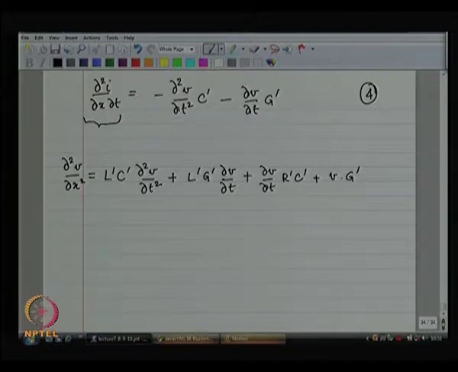So, this is my final differential equation. It is all in terms of voltages and only voltages, but there are two variables x and t, right. So, voltage as a function of x and time, distance and time, and the entire equation is only in terms of voltages. Similarly, I can work out something for currents, and what you are going to get is something like this.